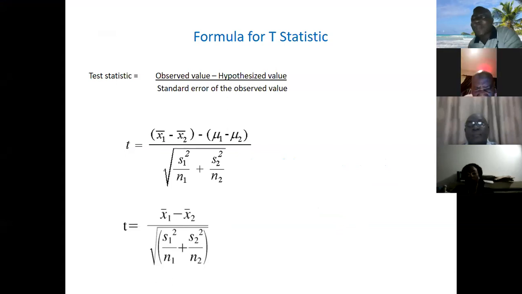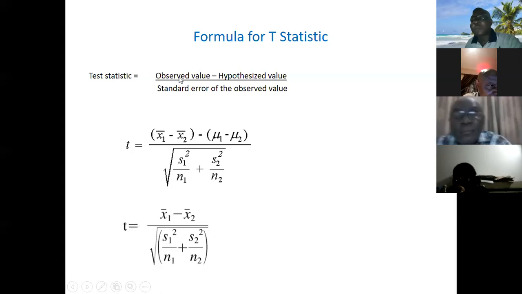What is the measure of the variability of the attribute in the population? It is the standard error. When the standard error is very small, it means the attribute does not vary very much. But if it's big, it varies very much. So now, imagine you observe a difference and you hypothesize a difference.